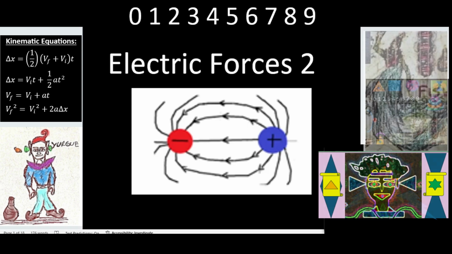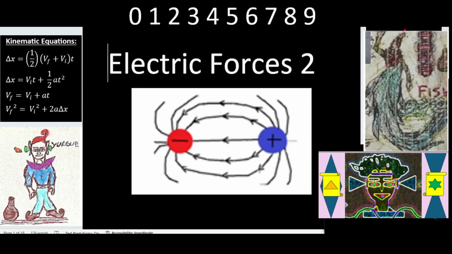Here we've got, in this image, a negatively charged particle next to a positively charged particle, and there are arrows and lines between them representing the electric field between these two particles, which is causing their attraction. As you can see, electric field lines are only a mathematical description of the geometry surrounding these particles.